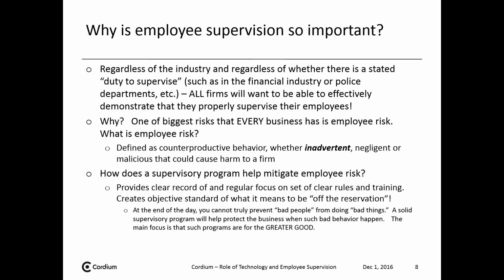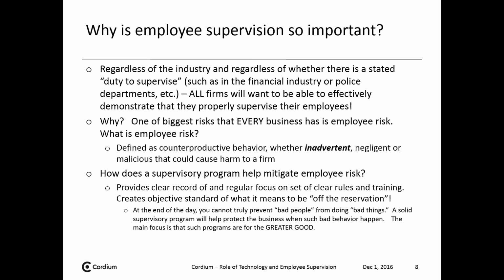And what is employee risk, and how would you go about defining employee risk? I looked it up, and one definition, which is on the screen, is that employee risk is defined as counterproductive behavior, whether inadvertent, negligent, or malicious, that can cause harm to a firm.